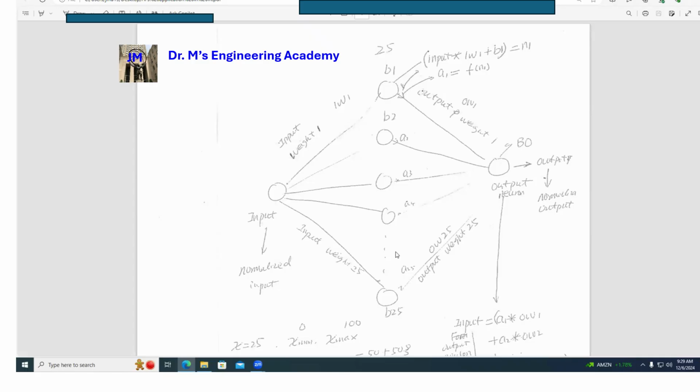This is MELFA BASIC V, a special language. For any computer language, you can implement this MATLAB-trained ANN in any engineering application, as long as you know how this ANN works mathematically. All right?